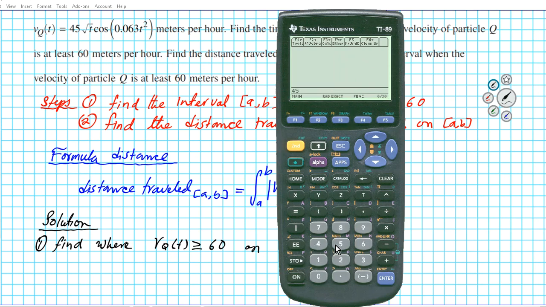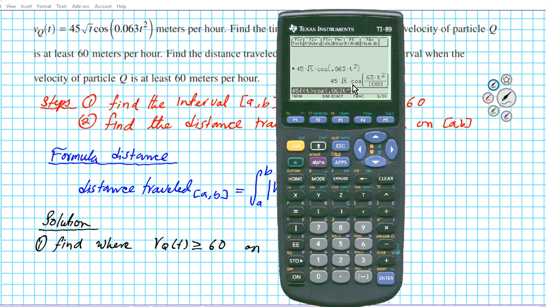So you just have 45 times the square root of t, cosine 0.063 t raised to the second power. Okay, so that's the function. Let me just enter it just to make sure that what I entered is correct.